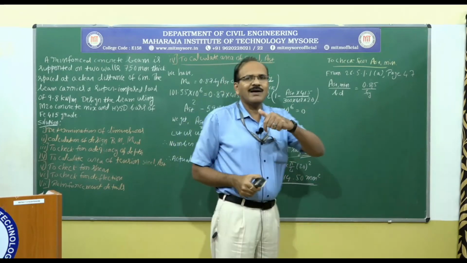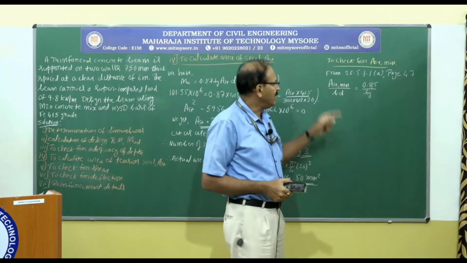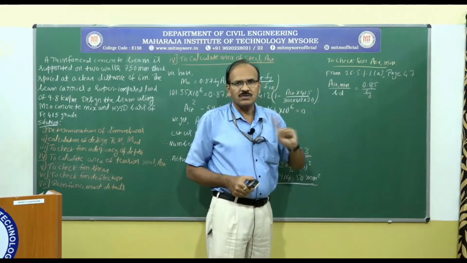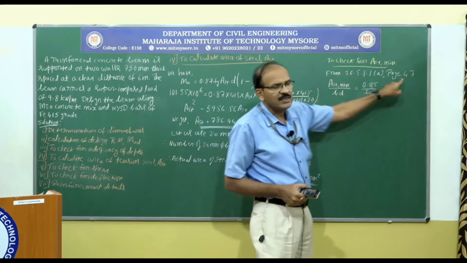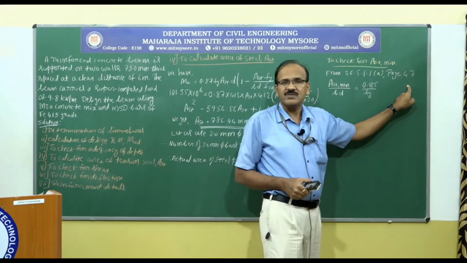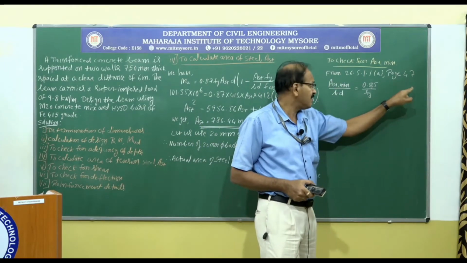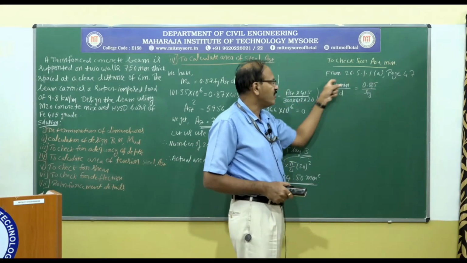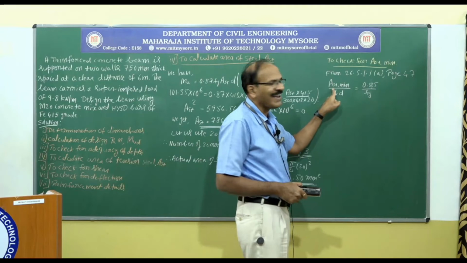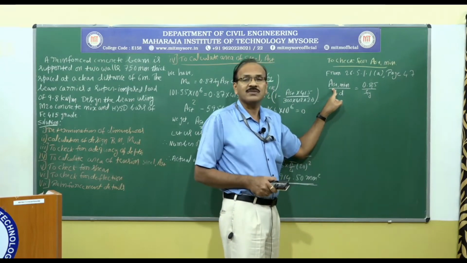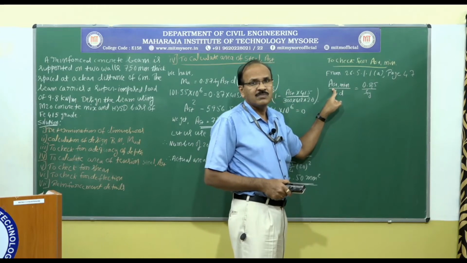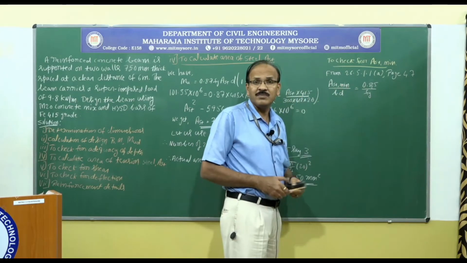So when you are writing this in the examination, it is not necessary that you write all these things. Whatever I have written here is purely for your reference. Is it clear to you? In the code book, they have given only as As, so that is nothing but Ast minimum. So I have called this Ast minimum.